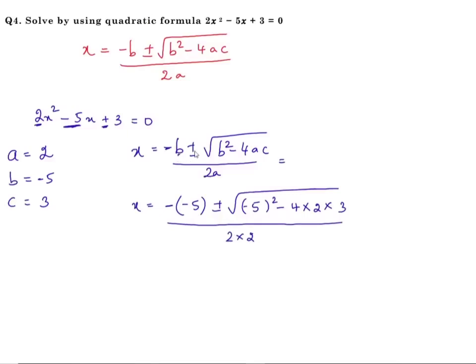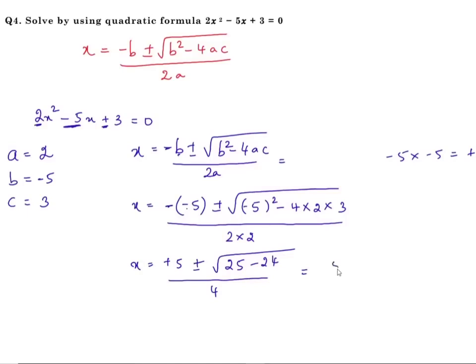Just see, I have substituted the values of a, b and c. Minus into minus is plus 5, plus or minus square root of minus 5 whole square, which is 25. What we get is 25 minus 4 2s are 8, 8 3s are 24, whole divided by 4.